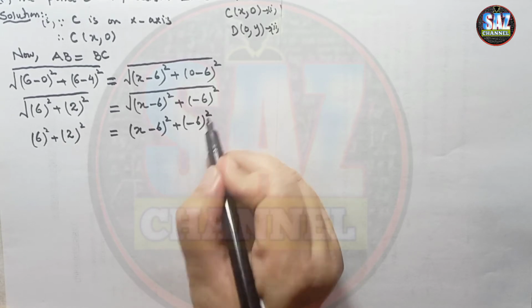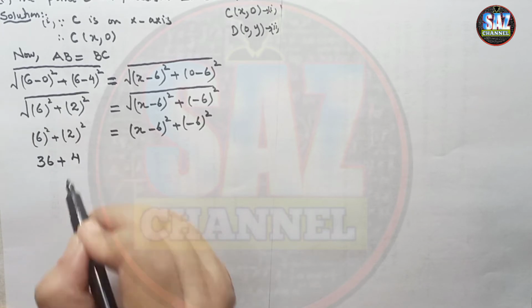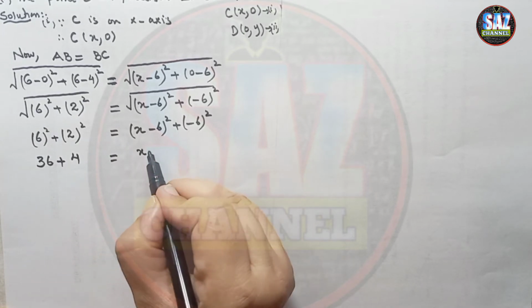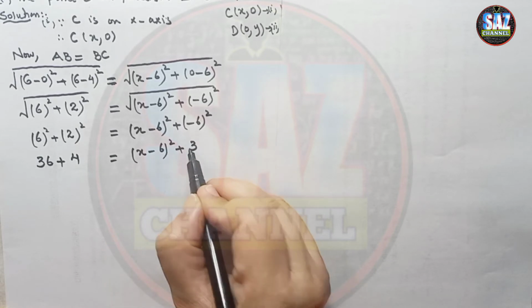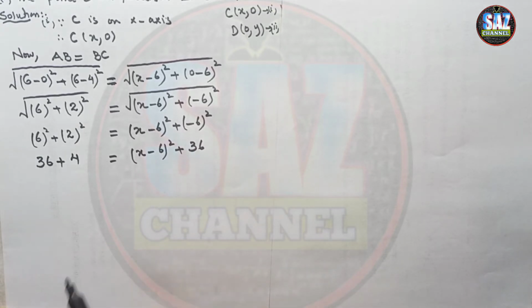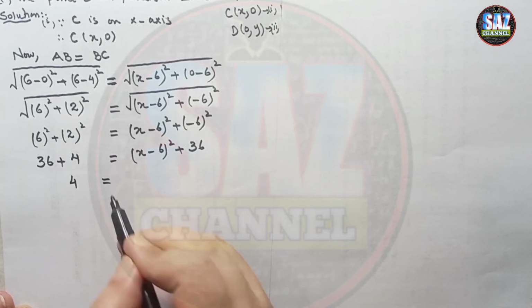Okay, the square of 6 is 36, plus 2 square is 4, equals x minus 6 whole square plus 36. Okay, now we can see that we have the same factor 36 on both sides. This time I will be showing my students that I'm shifting that 36 to the other side.